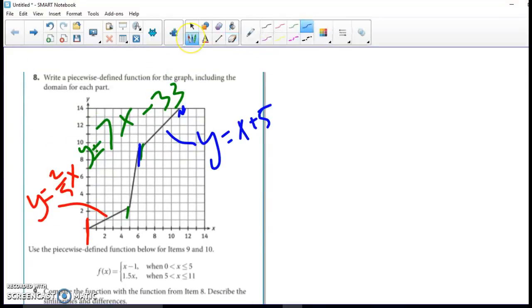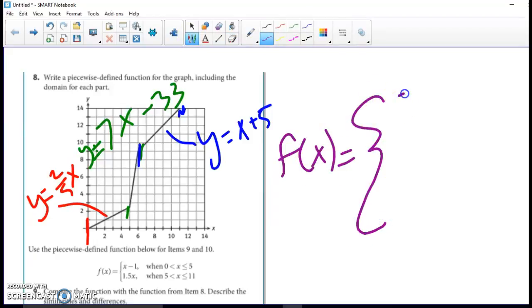and to write it as one function instead of 3 different, we have f of x equals, for our first leg, 2/5 x, and that is for when our x value is between 0 and 5.